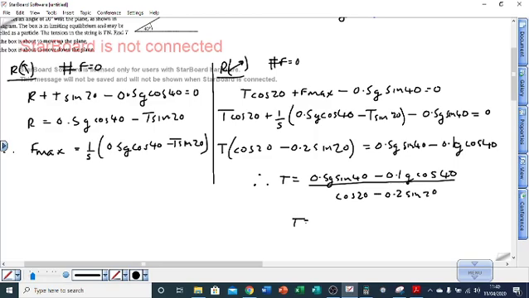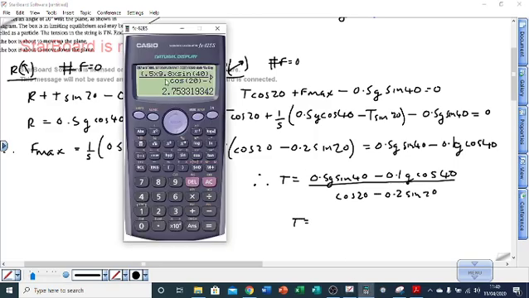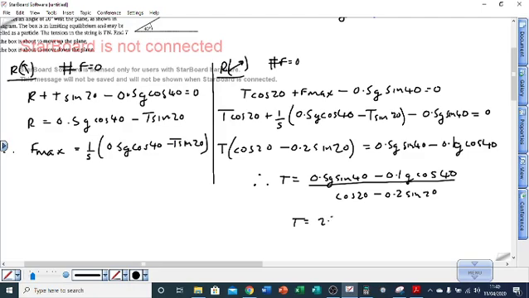So T is equal to, I've done it on the calculator earlier, plugged it all in, gives us 2.75 newtons to 3 SF. Okay, I hope that makes sense.